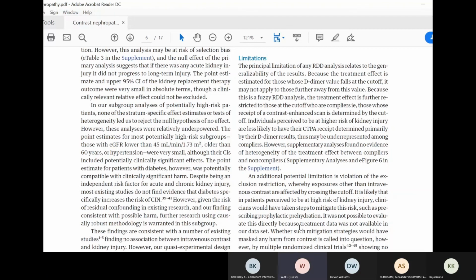So the treatment effect is further restricted to those at the cutoff who are compliers and who are recipients of the contrast enhanced scan.